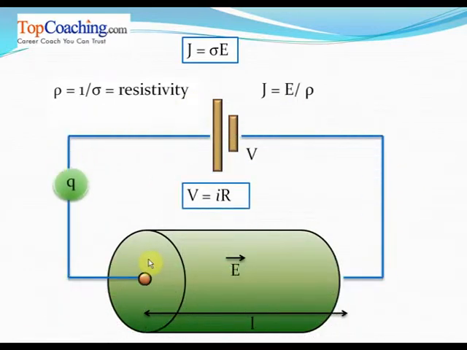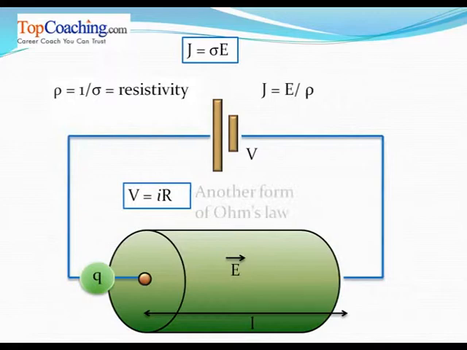V is the potential difference across the conductor, I is the current flowing across the conductor, and R is the net resistance offered by the conductor to current flow. This formula V equal to IR is the popular form of Ohm's law. This is the formula that we'll keep using again and again and again in our study of electric current. So this is another form of Ohm's law.